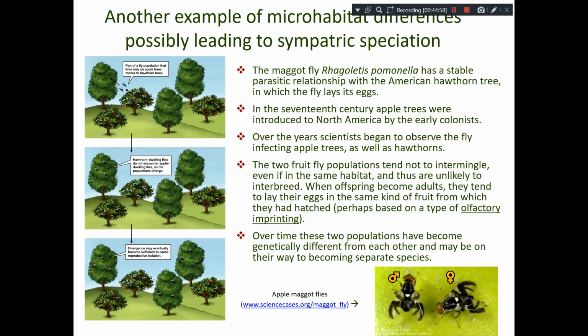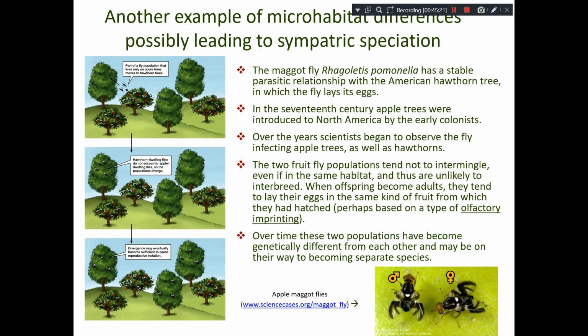When the apple was introduced in North America, some of the hawthorn insects started infecting the apple tree, and they started laying the eggs on the apple.